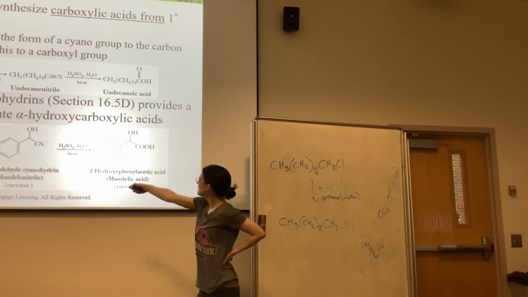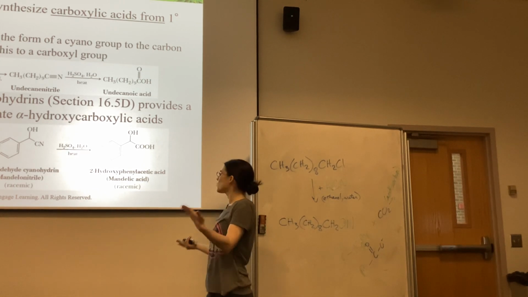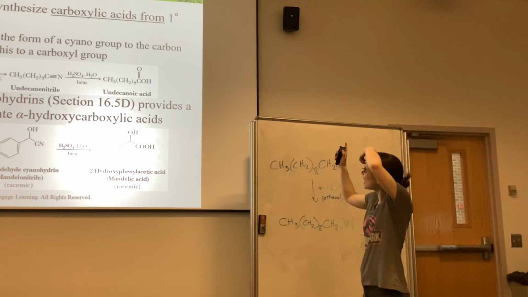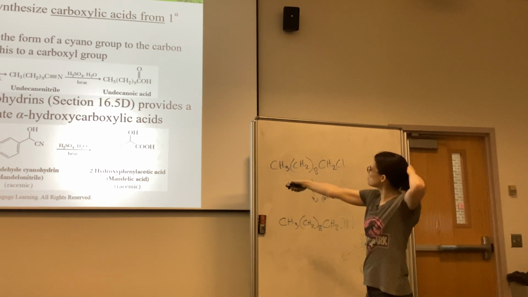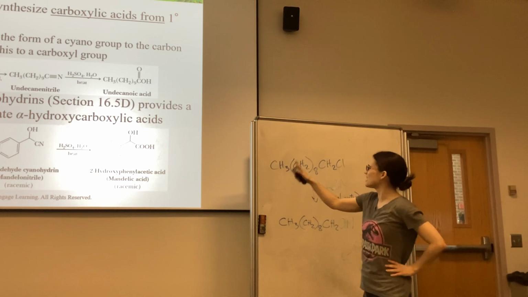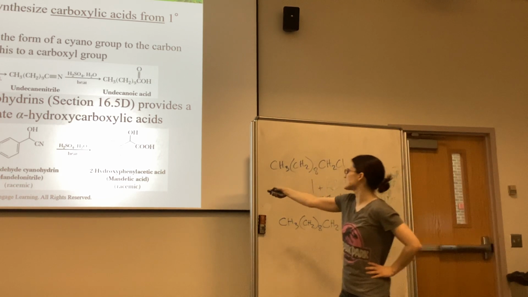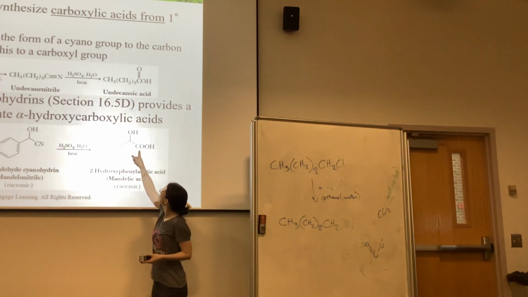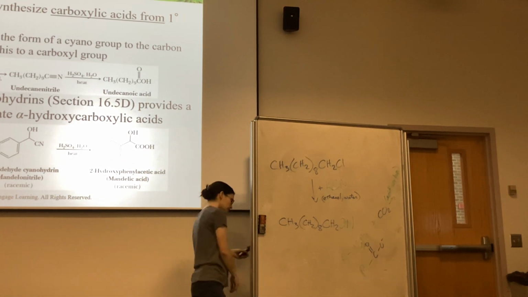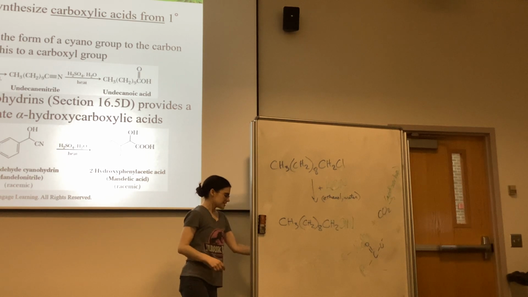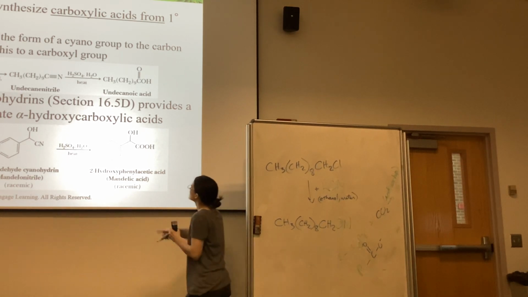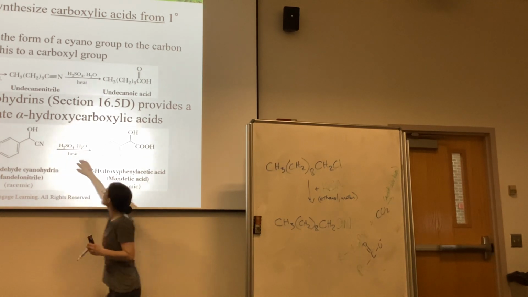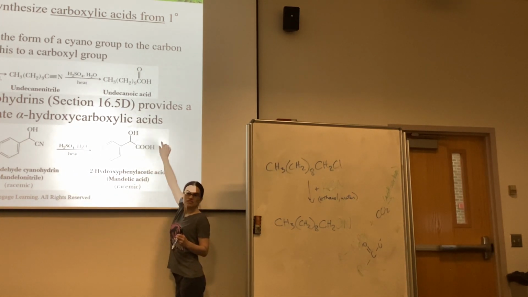So if you make one of these, a cyanohydrin, you can hydrolyze that to make an alpha hydroxy carboxylic acid. So a carboxylic acid with an alpha hydroxy on the alpha carbon. And again, COOH, so this CN, its own carbon, COOH.